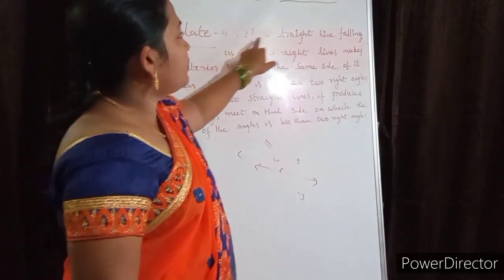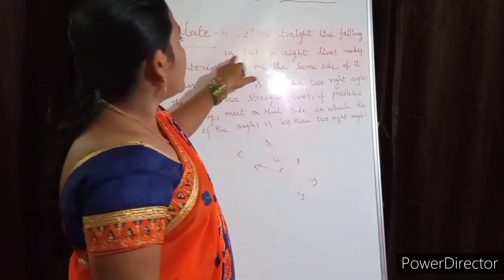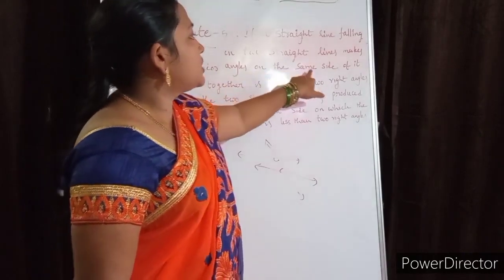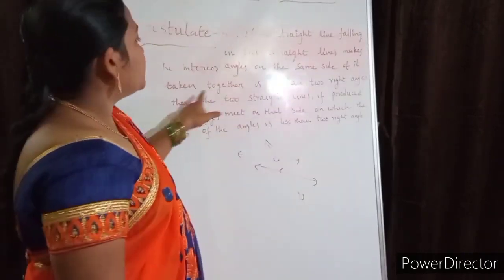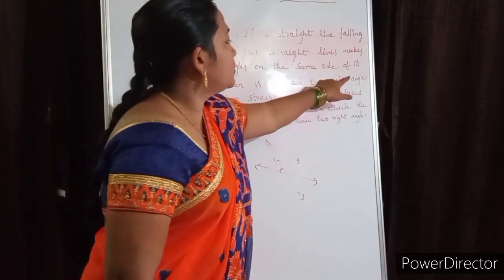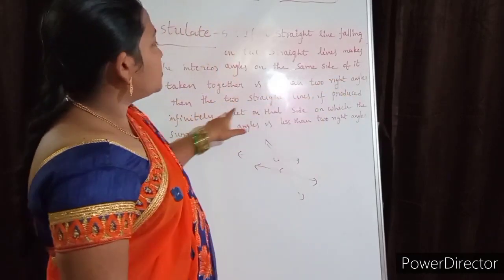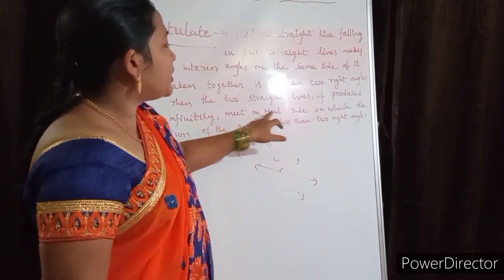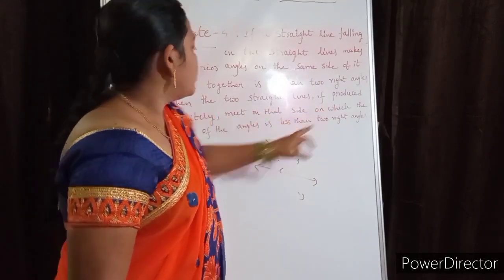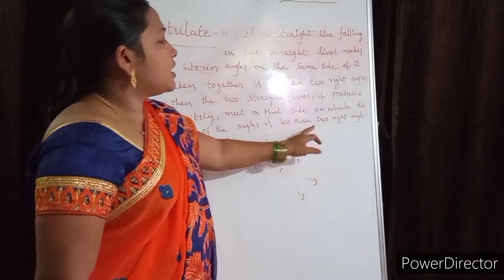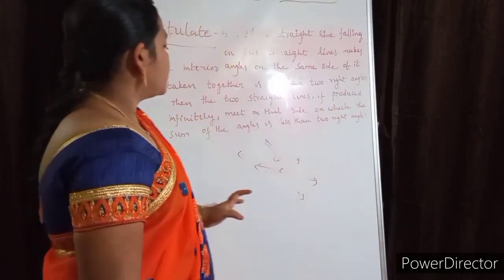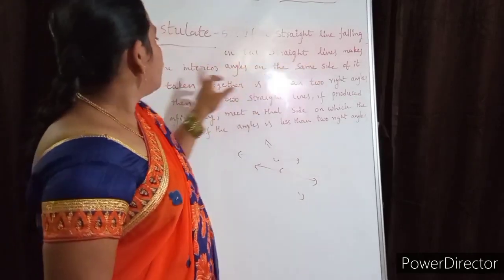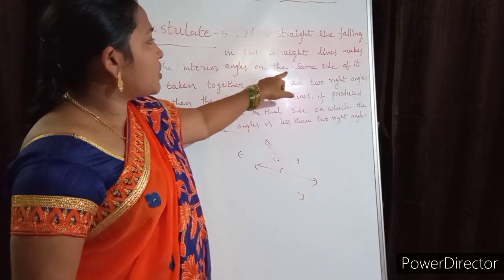Postulate 5. If a straight line falling on two straight lines makes the interior angles on the same side of it taken together less than two right angles, then the two straight lines, if produced infinitely, meet on that side on which the sum of the angles is less than two right angles.